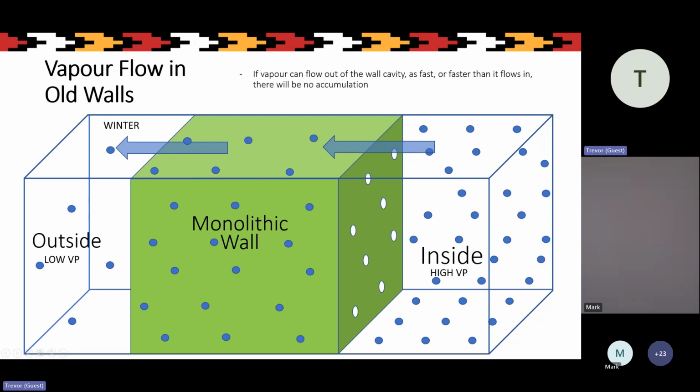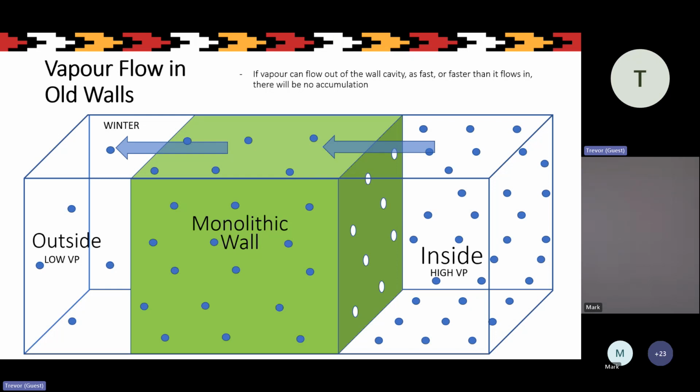Question before I move on to this: although vapor flow depends on vapor pressure, not RH, can we still infer the flow from RH? You really can't infer the flow from RH, other than knowing that the higher the interior RH, the higher the vapor flow.